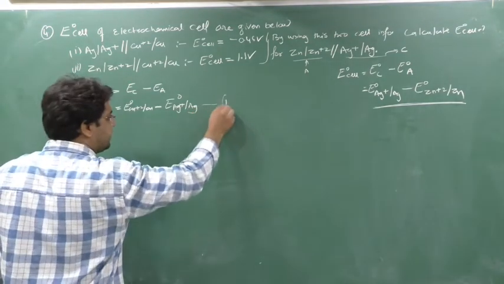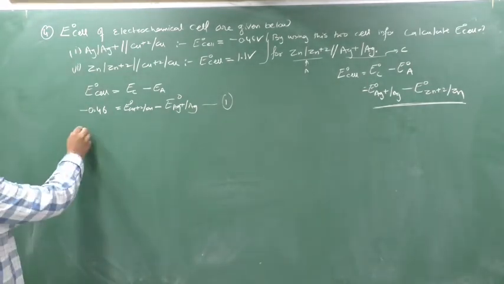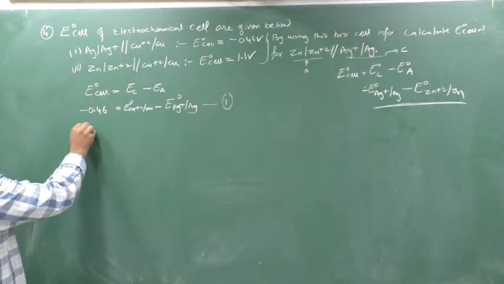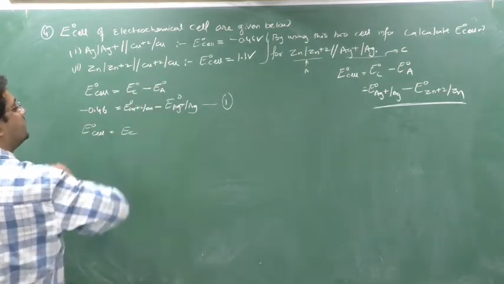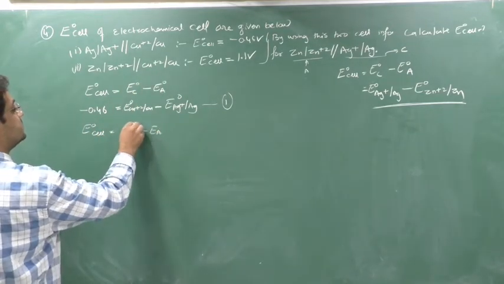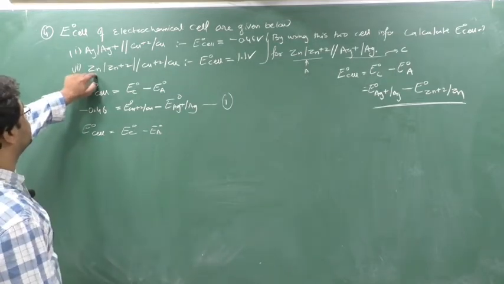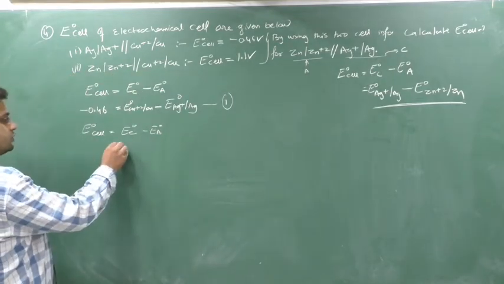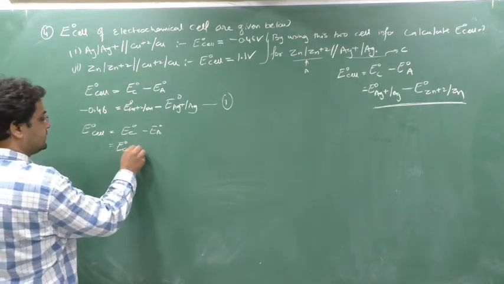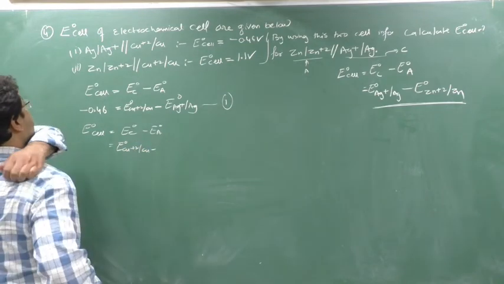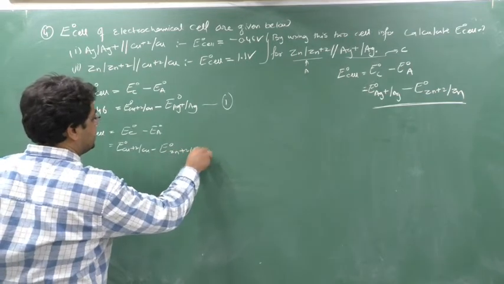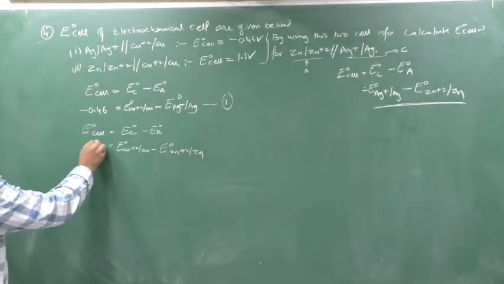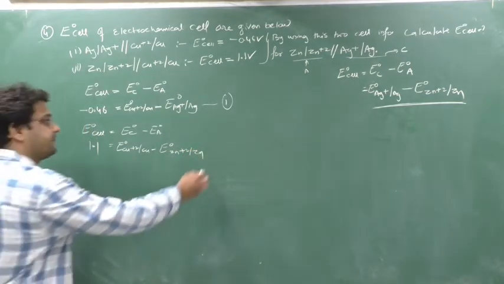So equation number 1. Similarly, I can derive for this also. E naught cell equals E cathode minus E anode. See the second cell. Who is at cathode? Copper is at cathode. So E0 Cu+2/Cu minus E0 Zn+2/Zn. And for this E naught cell is 1.1 volt. Okay, this is 2.